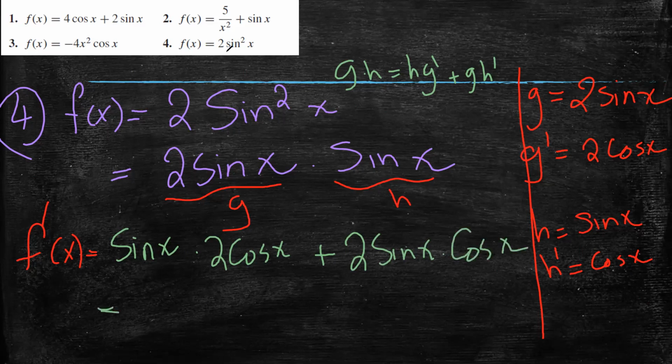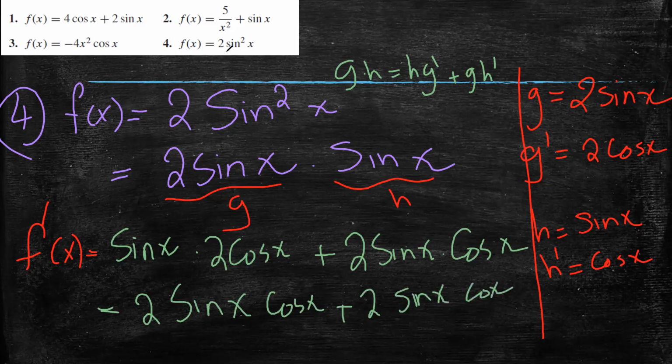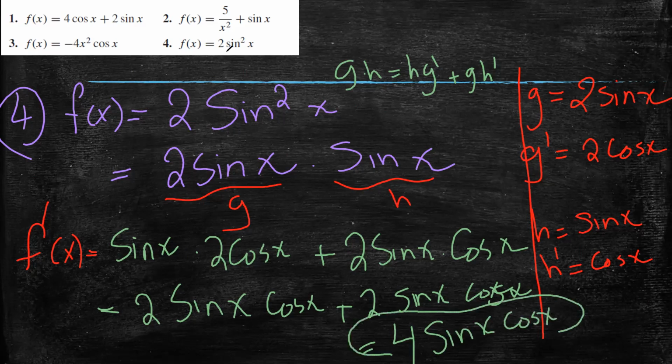So it will be 2 sine x cosine x plus 2 sine x cosine x. Can we add them? Yes. 4 sine x cosine x. This will be its derivative.